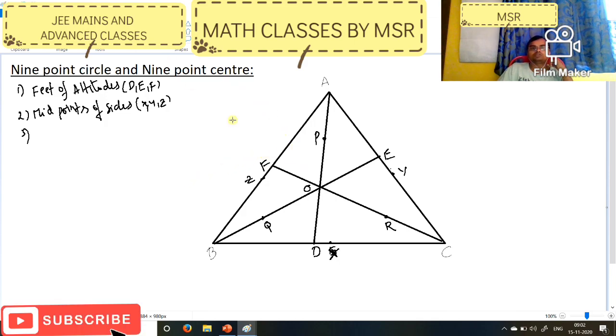Okay, let us try to draw the circle here. Otherwise we will draw manually a circle.